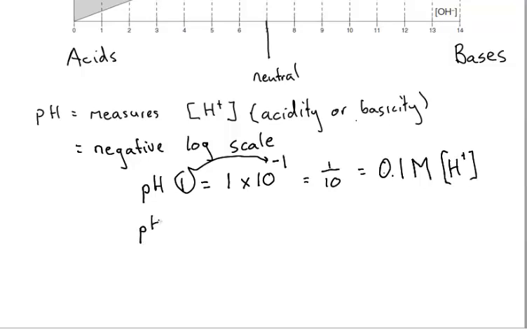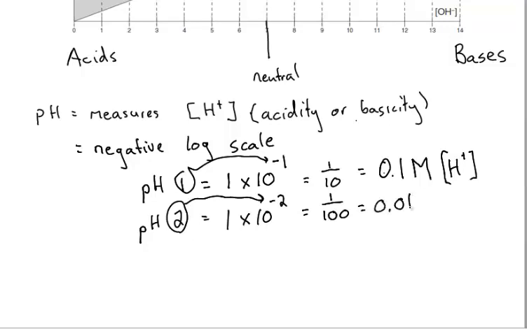pH 2 really means 1 times 10, it's a negative log scale, so we put the negative there, to the power of 2. Okay. Well, that's simply 1 divided by 100, or 0.01 molar concentration H plus.